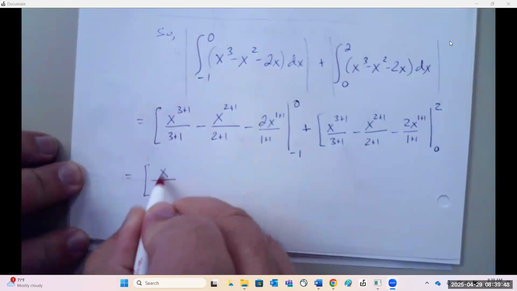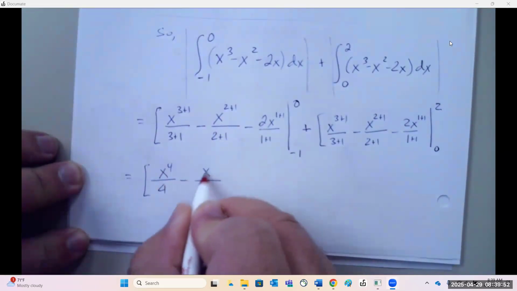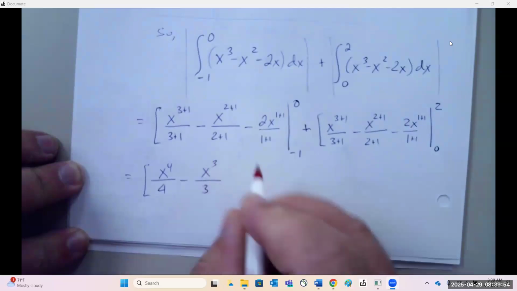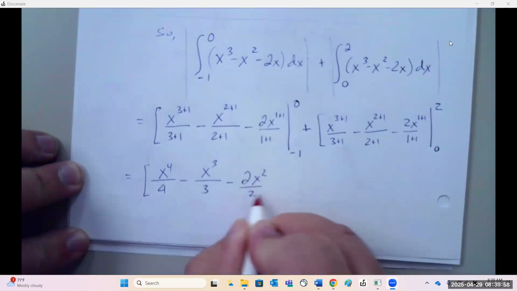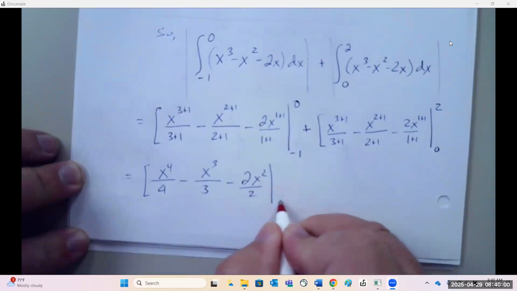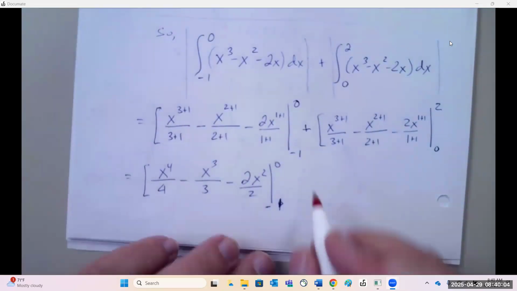So it's x to the 4th over 4 minus x cubed over 3 minus 2x squared over 2 from -1 to 0.